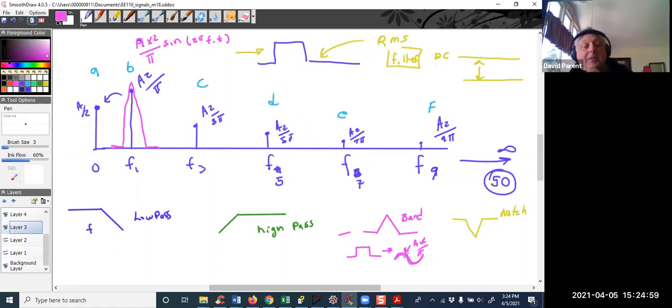Now I'm curious, there were a lot of people who committed to bandpass. I'm curious as to what the reasoning was. You guys can put it in the chat.